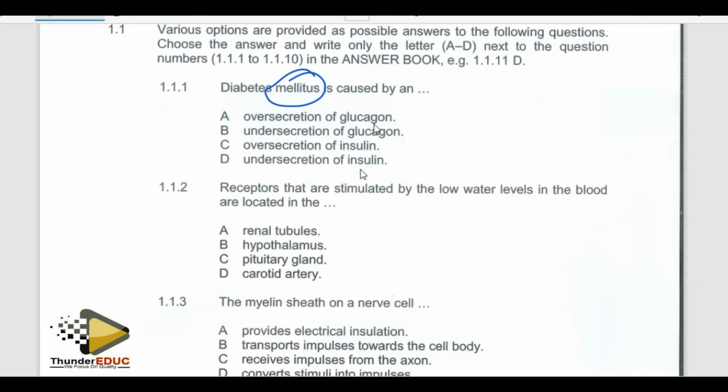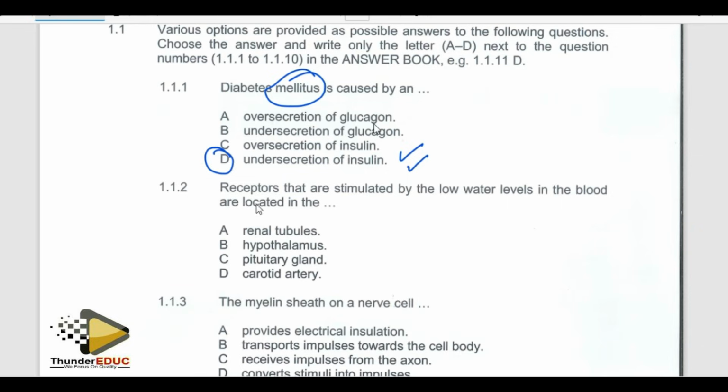Yes, the best answer is the under secretion of insulin, because this is what you usually call sugar diabetes, meaning that the excess glucose cannot be converted to glycogen by the liver. So you have too much sugar in the body, and you end up suffering from this condition called diabetes mellitus. So the answer is D. You are expected to have 2 marks there.